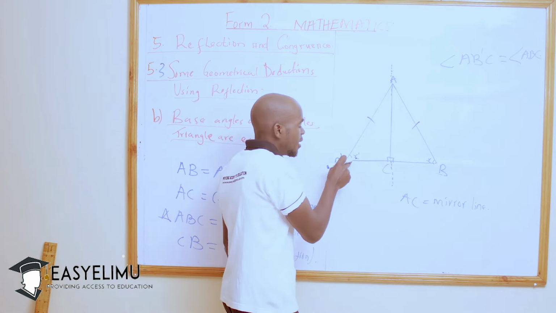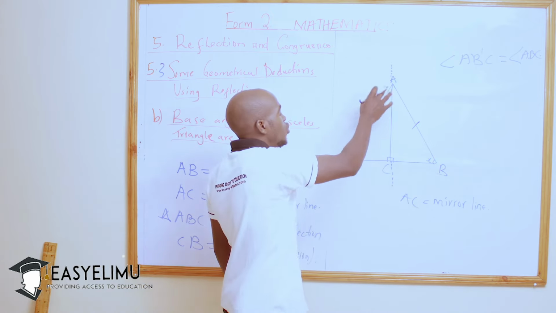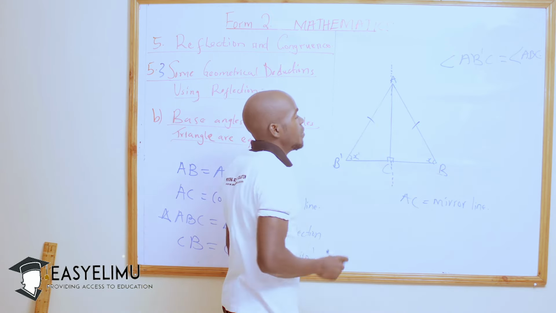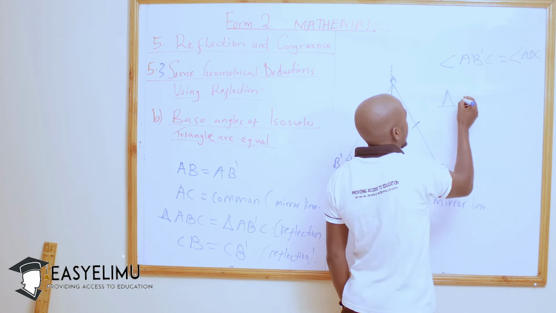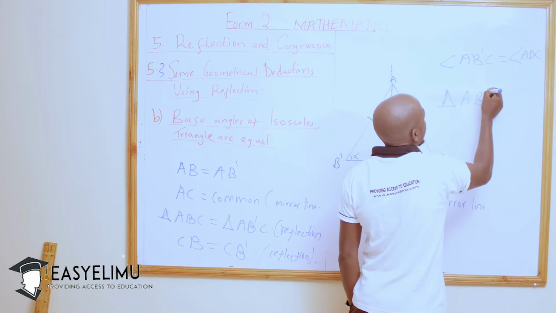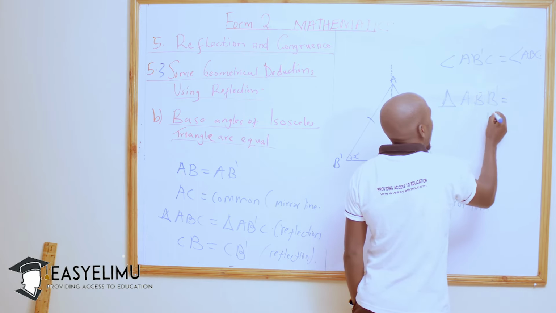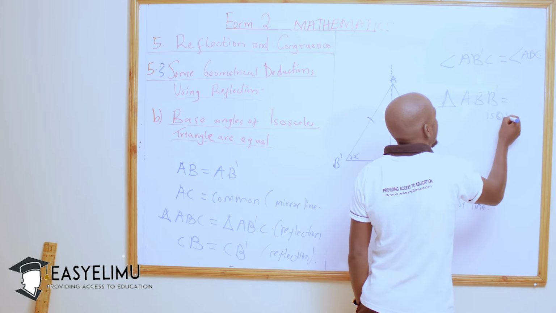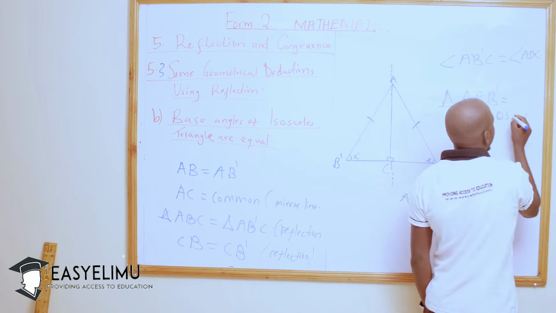And since these are the base angles of our triangle ABB prime, that is, triangle ABB prime will be isosceles. The reason being the base angles here are the same.